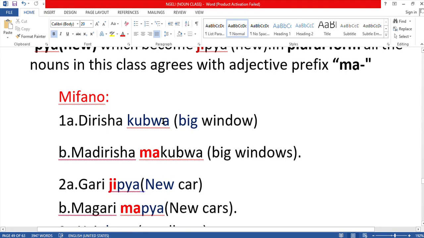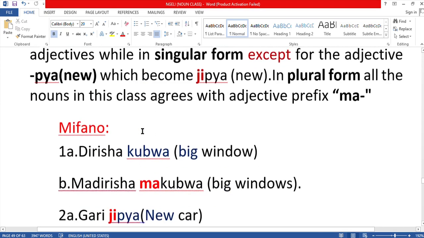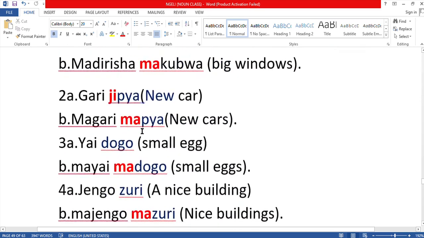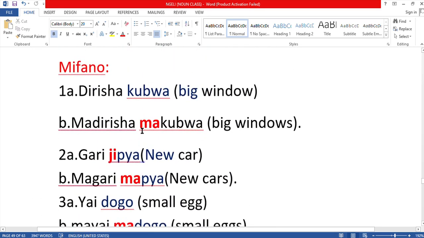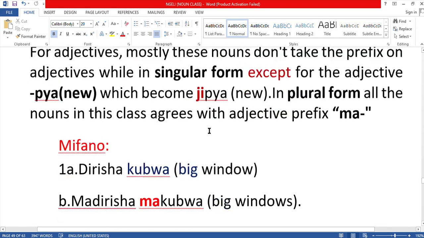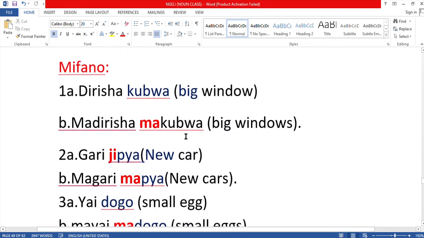Dirisha kubwa, big window. I will mention most of the adjectives there. Dirisha kubwa, big window. Madirisha makubwa, big windows.